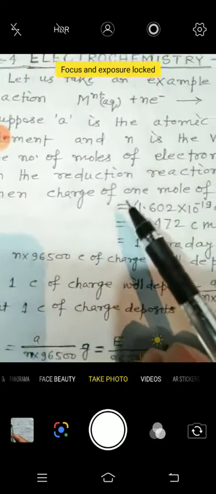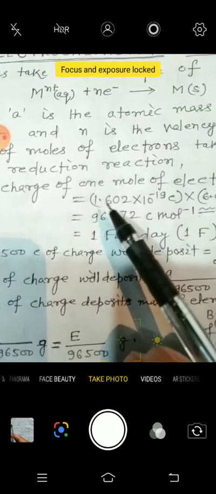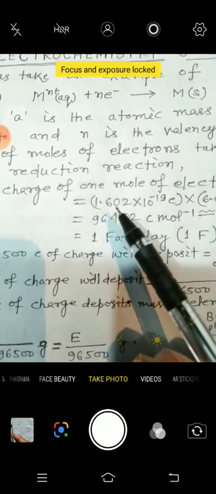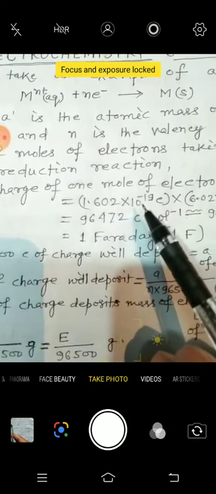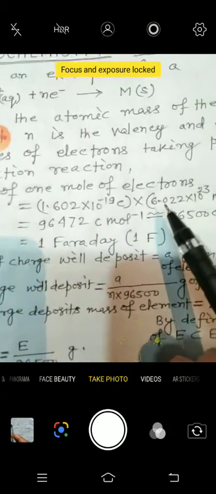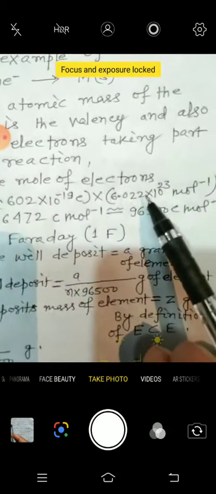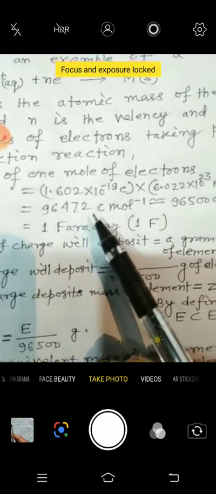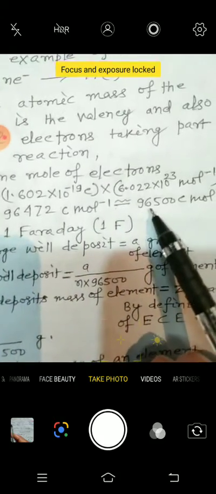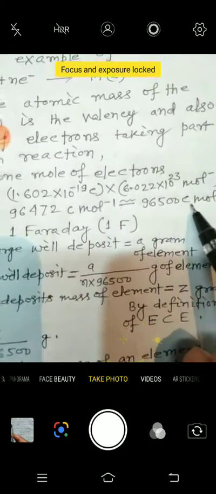Then the charge of 1 mole of electrons will be 1.602 into 10 to the minus 19 coulomb times the number of moles, and when you multiply all these things you will get 96472, but by convention it is always taken as 96500 C.